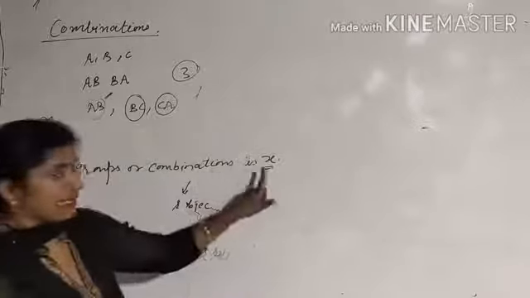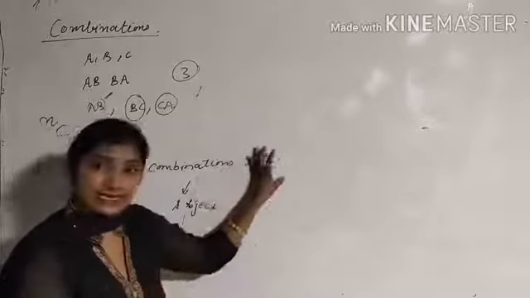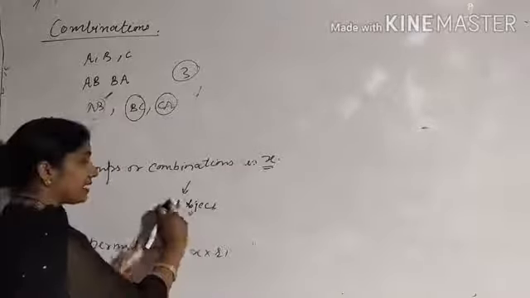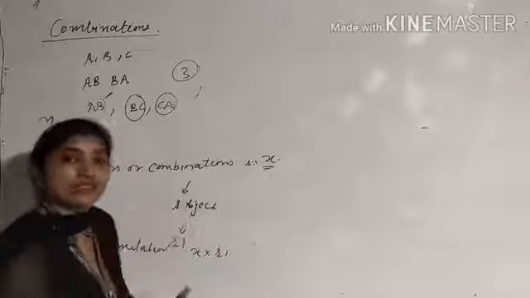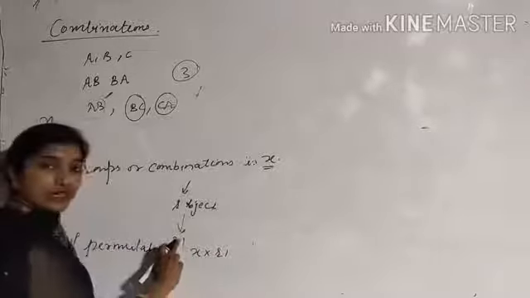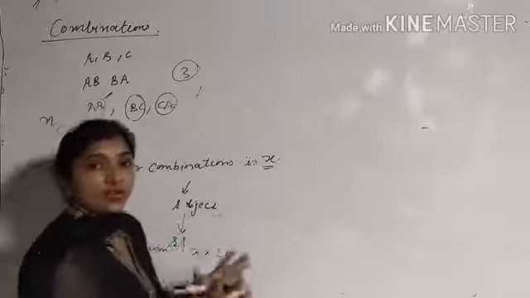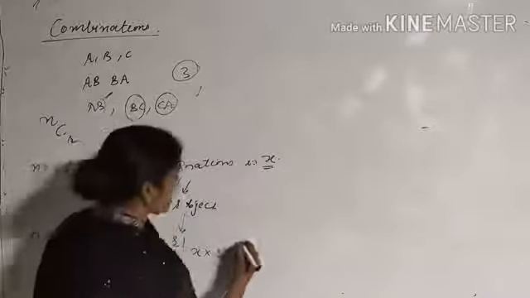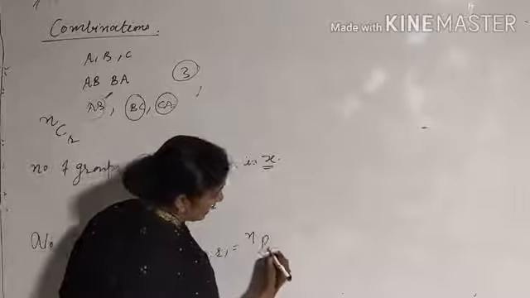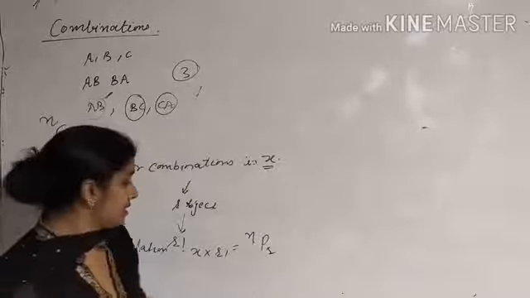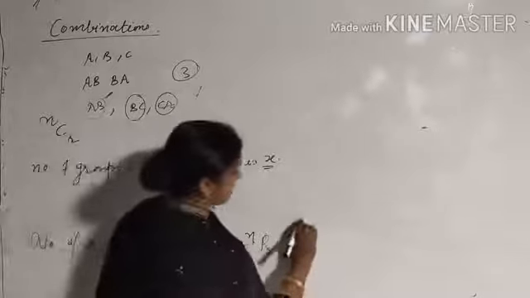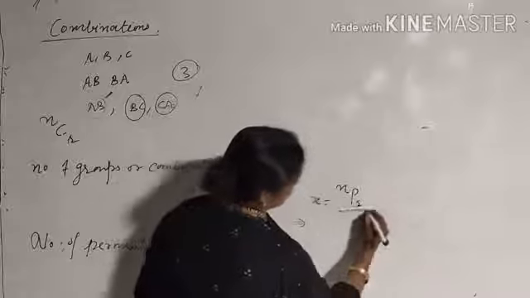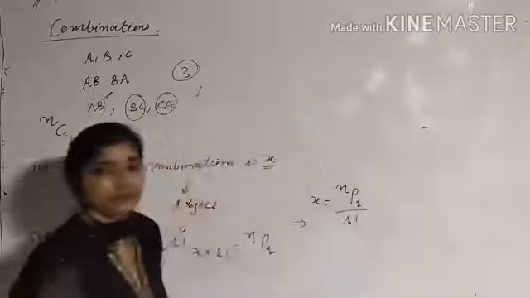Total number of groups is X, each group has R objects, and they arrange themselves in R factorial ways. But the total number of permutations was nPR, as I told you earlier. So X is equal to nPR divided by R factorial.